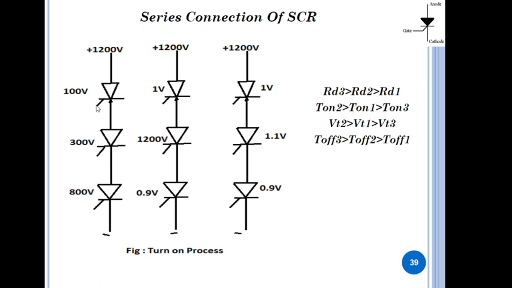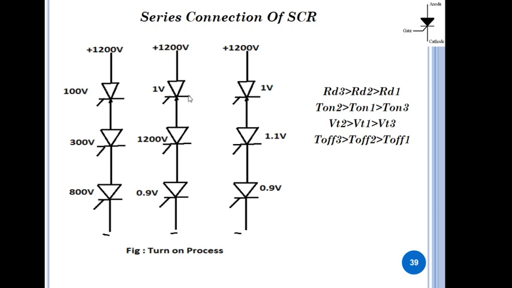This is the process when you turn on the string of SCRs. All SCRs are triggered simultaneously, but due to the difference in their turn on time, as per our assumption, we apply the trigger pulse simultaneously to this string.